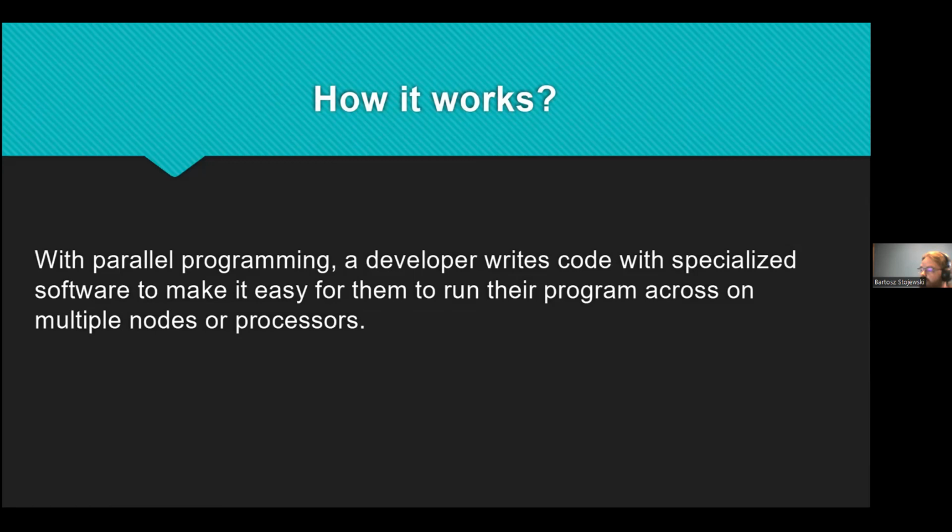Cores are the units executing commands. There can be multiple cores in a processor and multiple processors in a node. With parallel programming, a developer writes code with specialized software to make it easy to run their program across multiple nodes or processors.